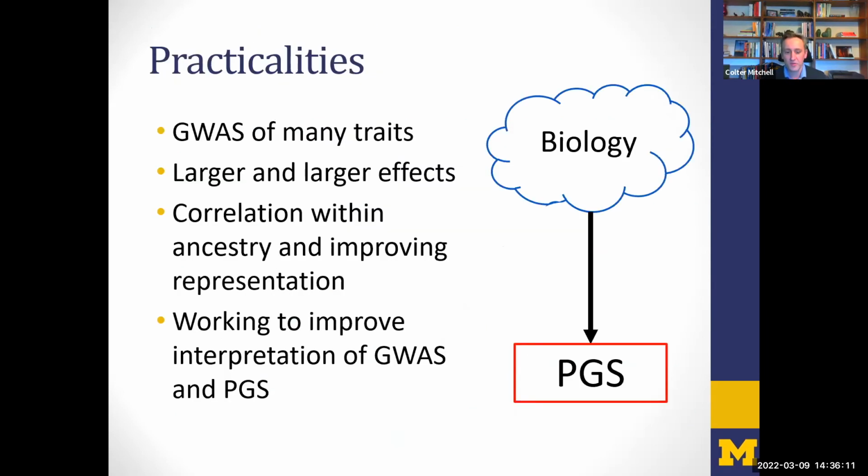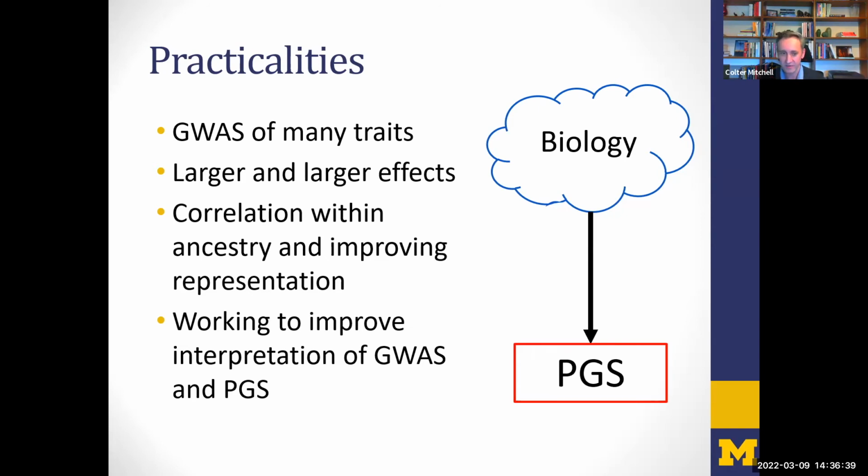Okay, so to close out, some practicalities of thinking about biology to polygenic scores, right? I probably got your hopes up high, saying how great they were. And then at the end, I was saying, here are all the reasons why this is deeply, deeply flawed. So what do I actually think is going to happen? Here are some of the practicalities. First of all, you should know there have been GWASs on everything you can dream of.